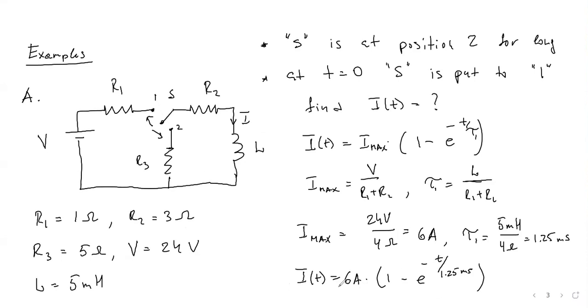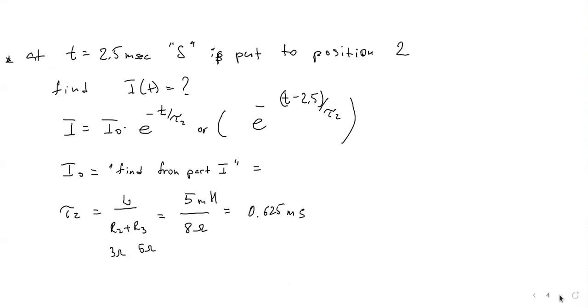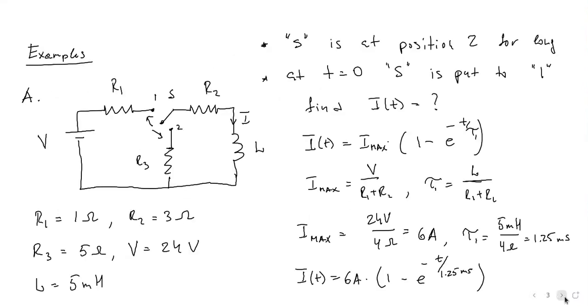So at this moment, there was some current, and we have to use this current as the initial value for the second part. Okay, sounds good to me. What was it? 6 ampere, yeah? There was 24 over 4, yeah, 6 ampere.